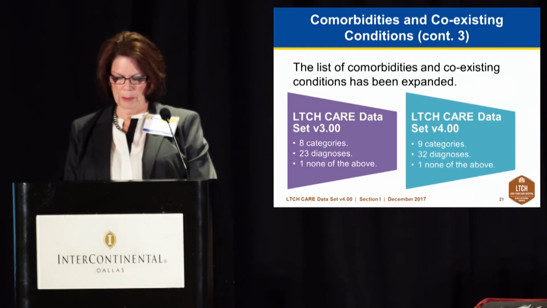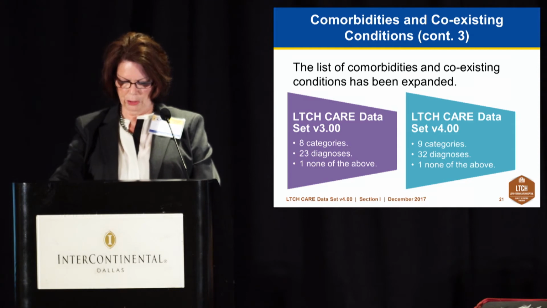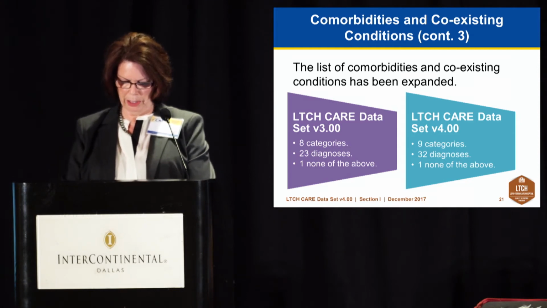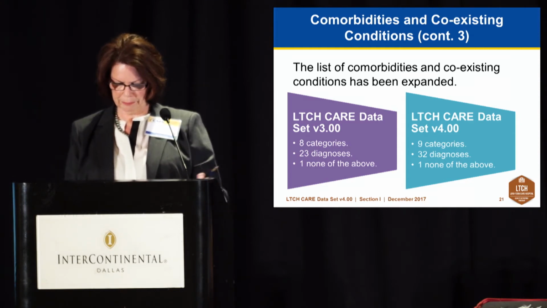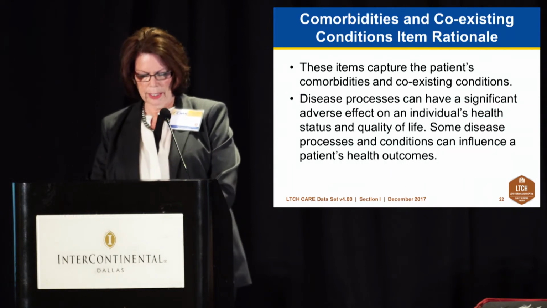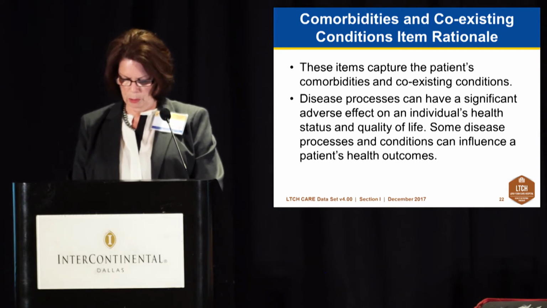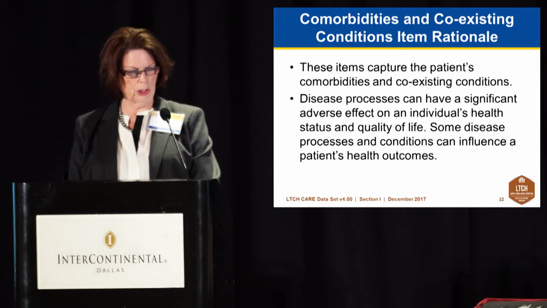This slide just summarizes the changes in categories and conditions between the LTCH CARE Data Set version 3.0 and 4.0. As previously stated, these items capture the patient's comorbidities and coexisting condition.